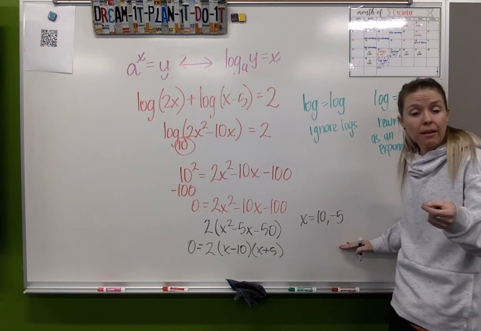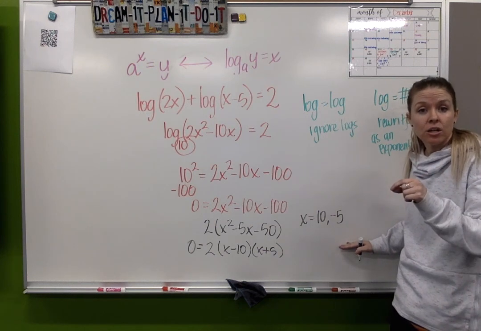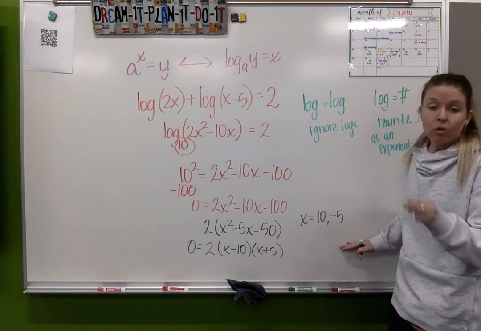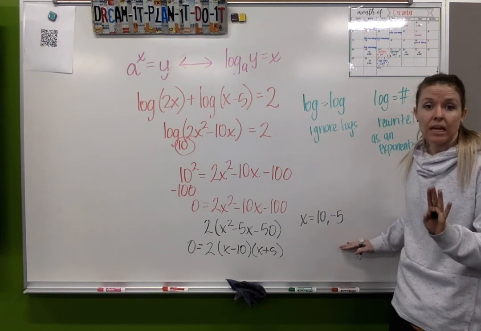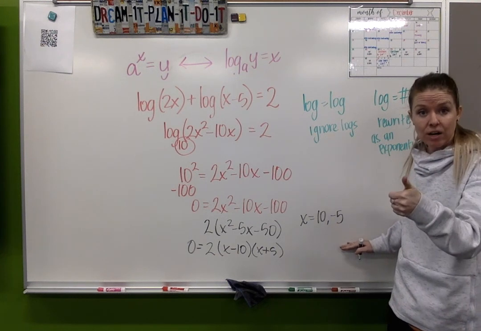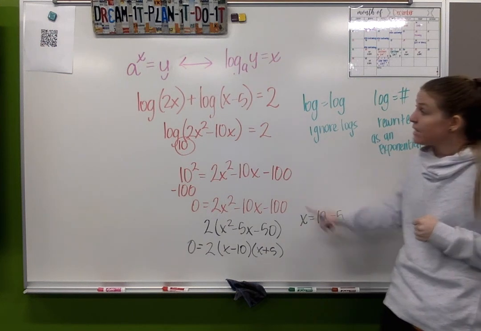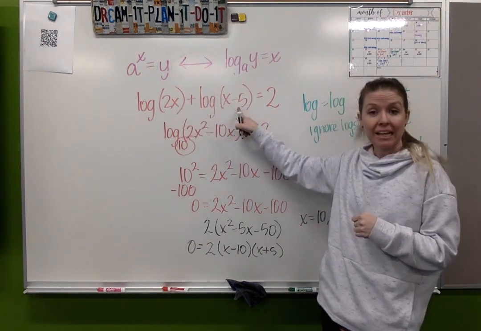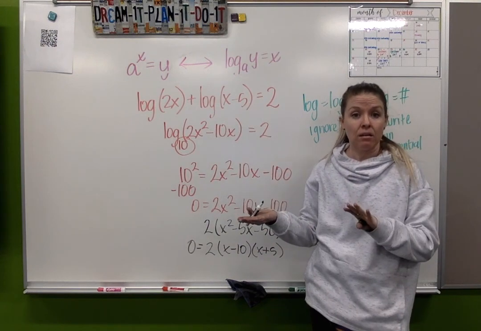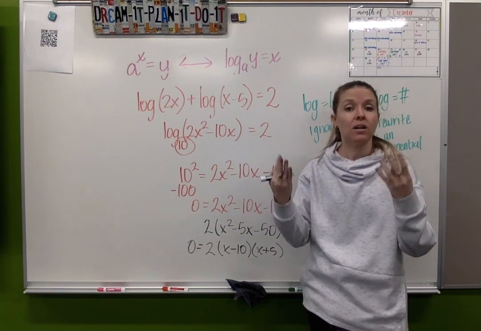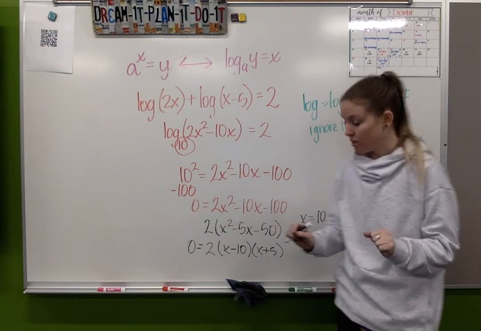But like we talked about last time with the domain and range of a log, we can never take the log of a negative number or 0. So I'm going to check. If I take 10 and I plug it back in, it's okay. I'm taking the log of a positive number, 10 works.